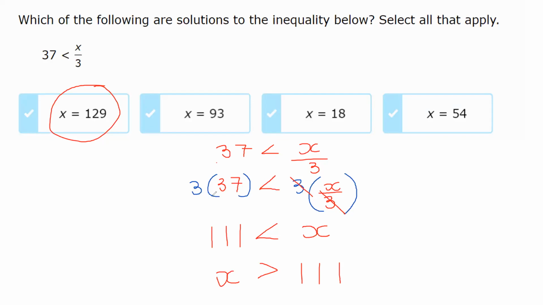So we multiply 3 by 37. What does that give us? 111. And then we cancel both 3s. And so we are just left with what? X. And so we have x is greater than 111, right? Yes, sir. We can write it a different way. Okay. Good. All right.